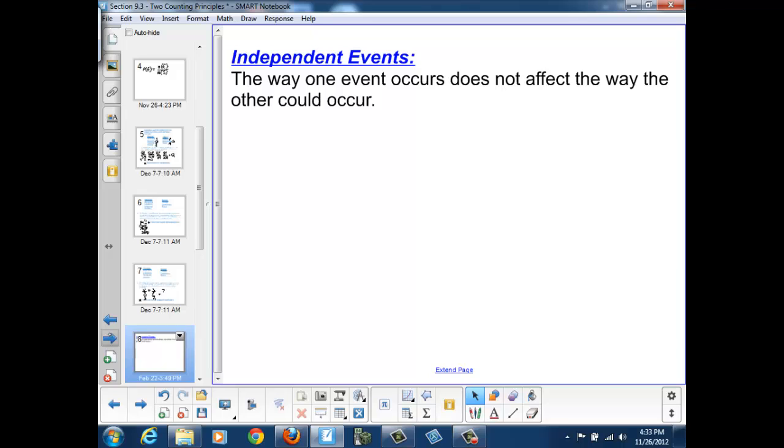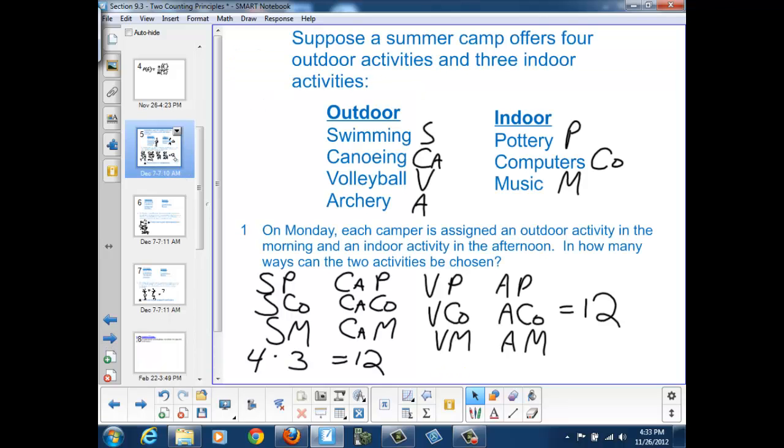So the 2 principles that came out as a result of these 3 different situations are whether or not events are independent when things occur in sequence. So the way one event occurs does not affect the way the other could occur in an independent situation, which was something like this. Didn't matter what we chose in the morning when we came around to choosing our afternoon activity.